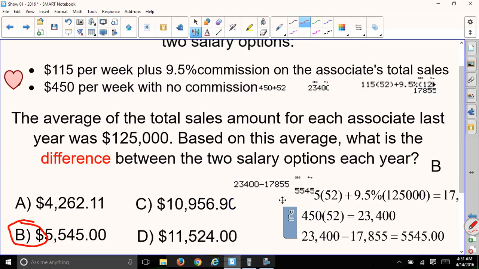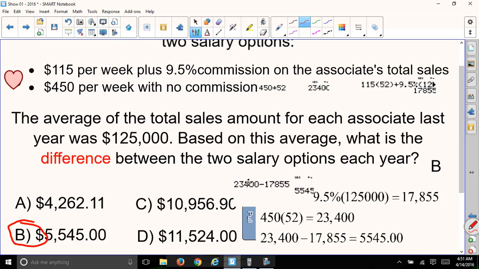So here is the work in case you want to see it again. So let's move that out of the way. We multiplied to find the commission of the first person, 115 times 52 plus 9.5% times 125,000. That gave us 17,855.